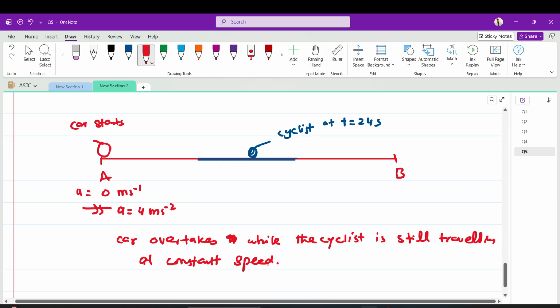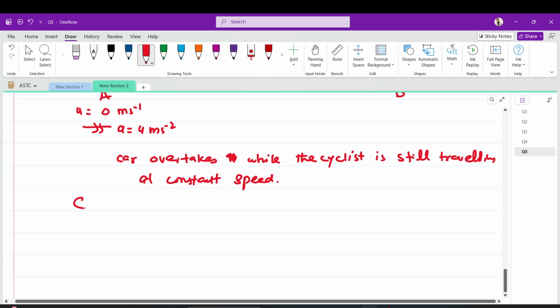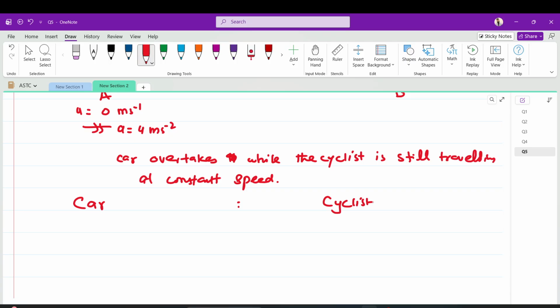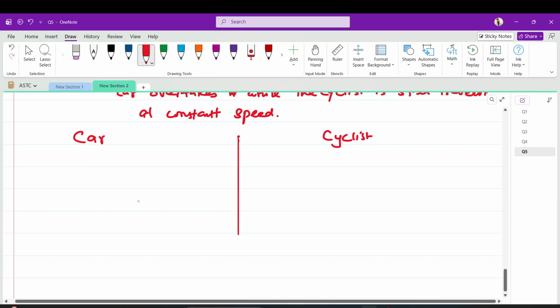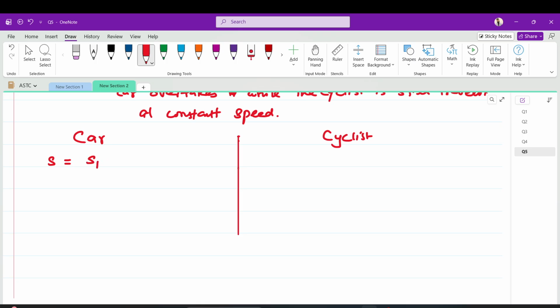Now let us first write the data about the car and cyclist. For the car, let's say that the displacement of the car from point A till the point where it overtakes the cyclist is going to be S1. And for the cyclist, that distance will be S2.